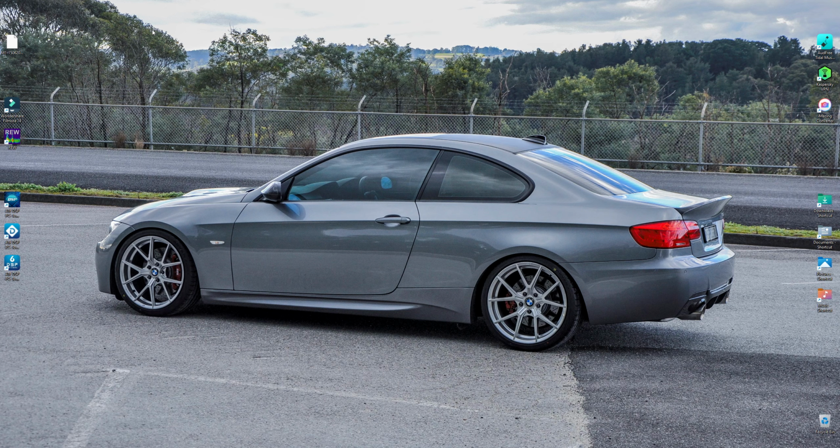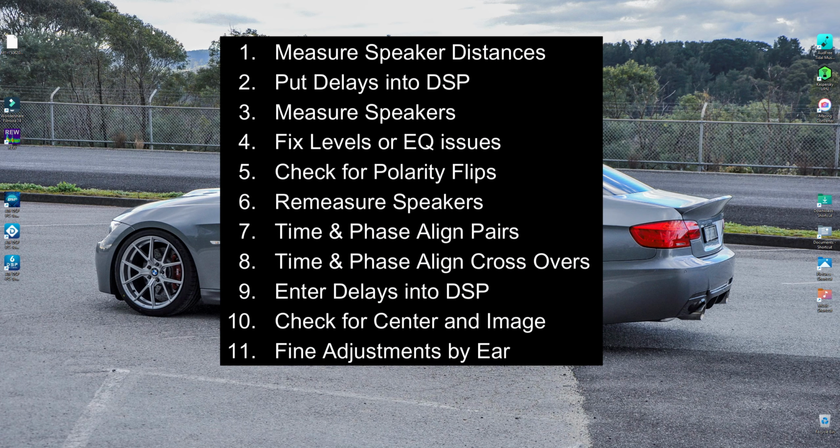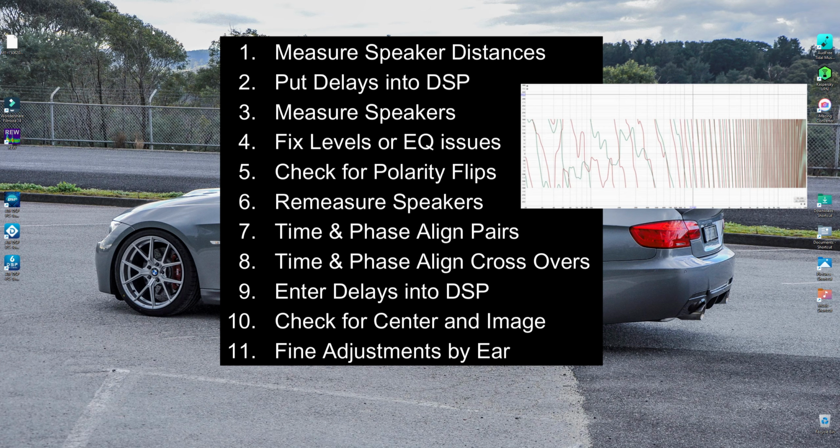Finally, there is what I call fine adjustments by ear. So the thing with all of these impulse measures and all these sweep measures is you've got to be really careful not to get blinded by the graphs, thinking the peaks must all be pointing in a certain direction, or it must cross over on a certain point or something like that.